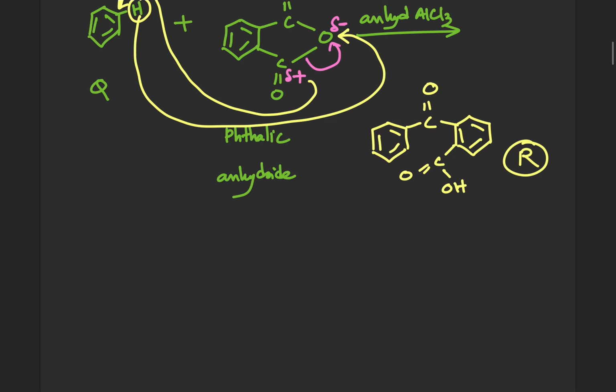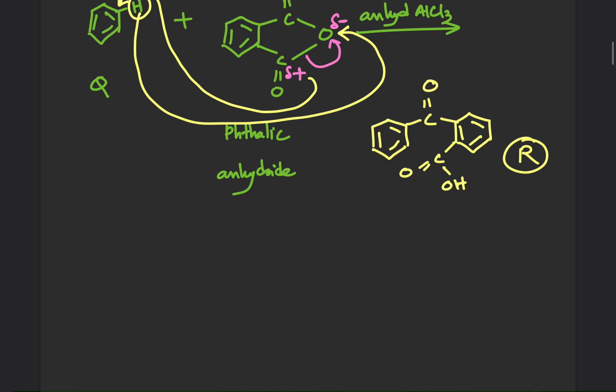Okay, then R is subjected to the first set of reagents, that is PCl5. Okay, so R has a carboxyl group. This is the carboxyl group. Okay, so we should know that carboxylic acids react with phosphorus pentachloride, that is PCl5, to form acid chlorides by replacement of the OH group by a Cl atom.